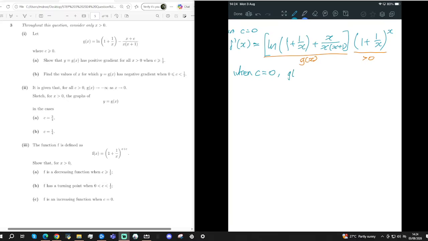G of x has a stationary point, or even better, we can say g of x is decreasing. And this is now part B. What did it say?